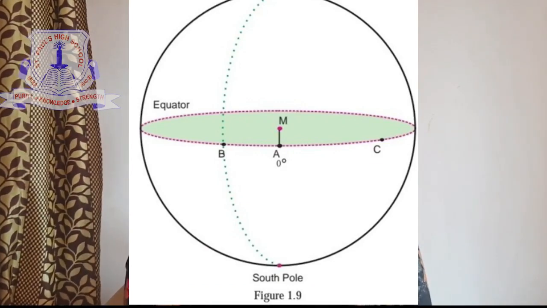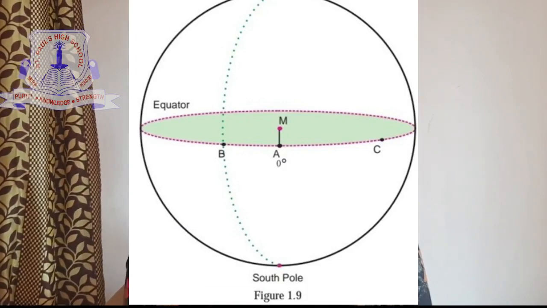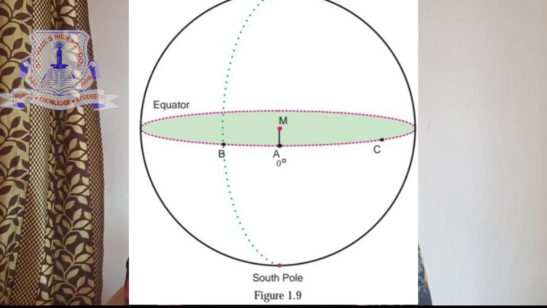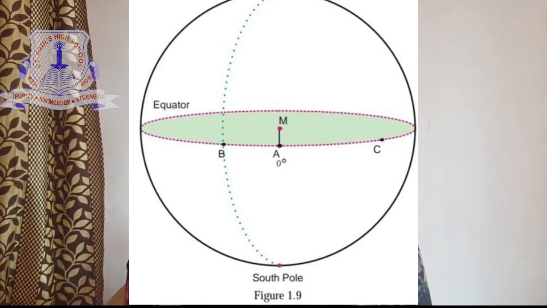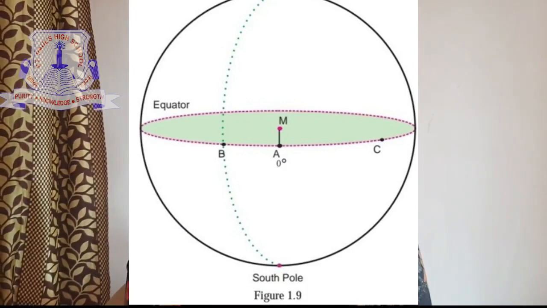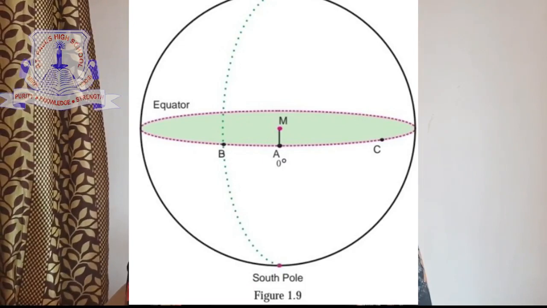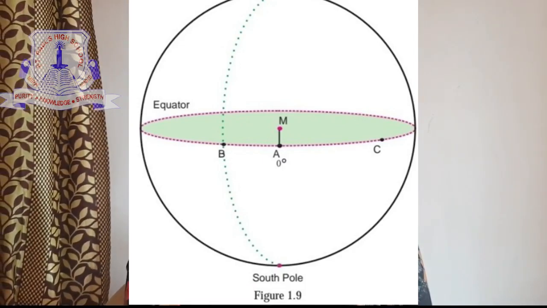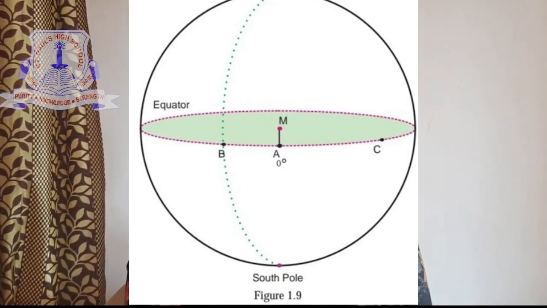Now join MC, measure AMC and write it next to C. Draw a semicircle that passes through C and joins the north and south poles. Draw a line that passes through point A at 0 degree and joins the north and south poles. Your diagram should look like our next diagram, which I will be showing now.